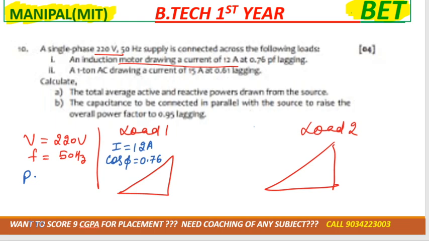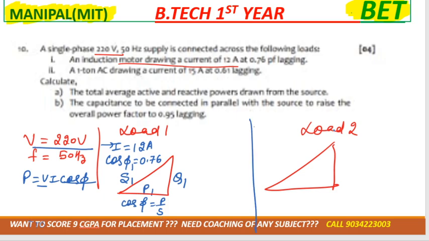P is equals to VI cos phi, right? Voltage is 220, current is this one, cos phi is 0.76. We can get P1, right? If we have P1 and if we have cos phi 1, we can have S1 and we can have Q1, right? Clear? Because as you know, cos phi is equals to P by S. Now see for load 2, again we'll do the same thing.